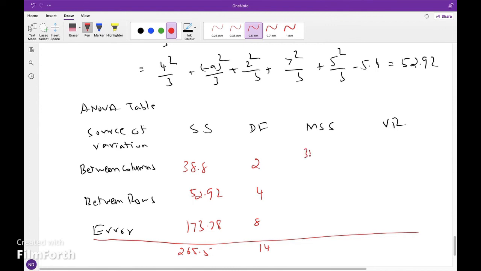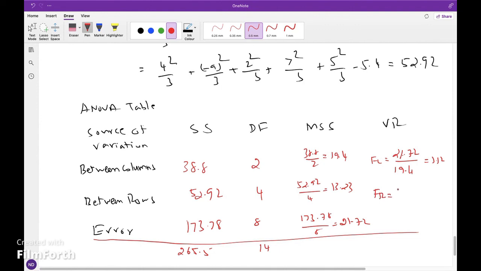See, 38.8 by 2 is 19.4. This value 52.92 by 4 is 13.23. 173.78 by 8, that is 21.72. So the ratio F calculated: take the greater value. 21.72 by 19.4, that value is 1.12.